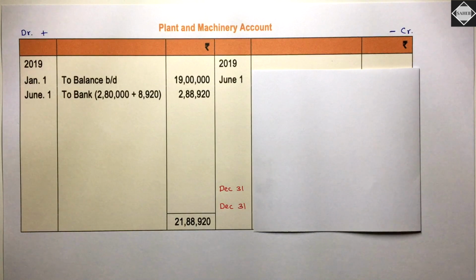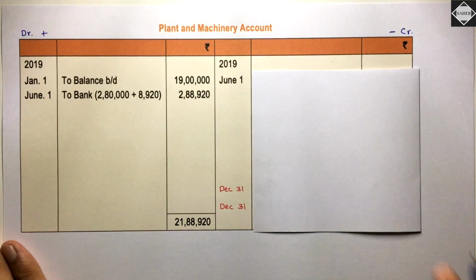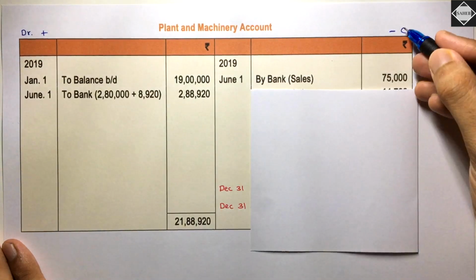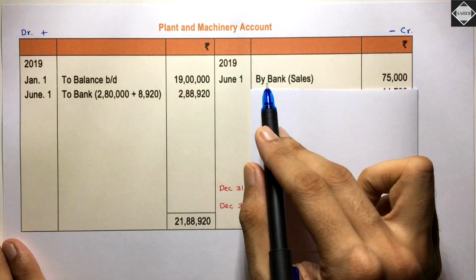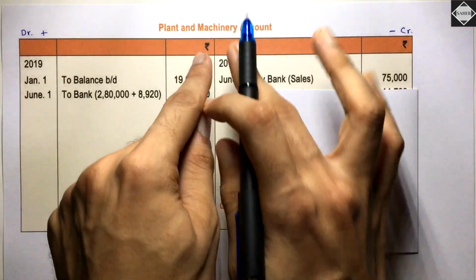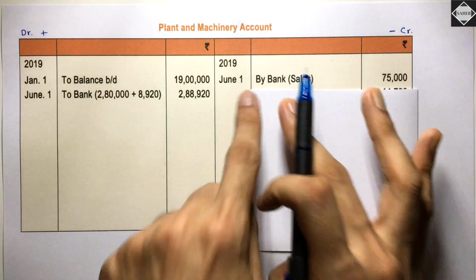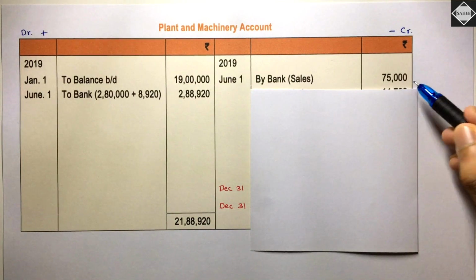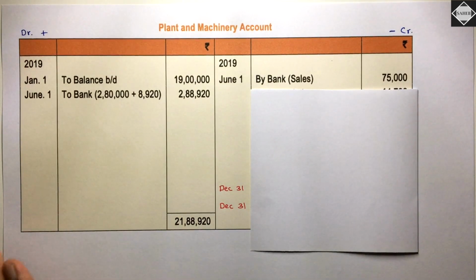Fine. So on the credit side, first let's just record the sale. You all know on June 1st we have sold. By bank, plant and machinery is decreasing because we have sold. We have got money in the bank. Bank account is increasing, right? Machinery is decreasing because of the money which we have received in bank. That's the sale. So that was 75,000, right? And what was the depreciation in the current year on this?